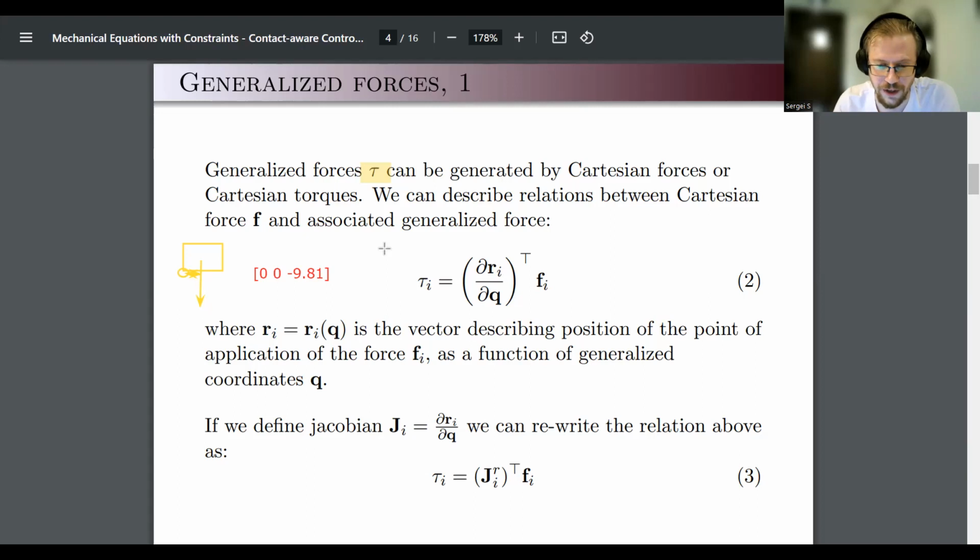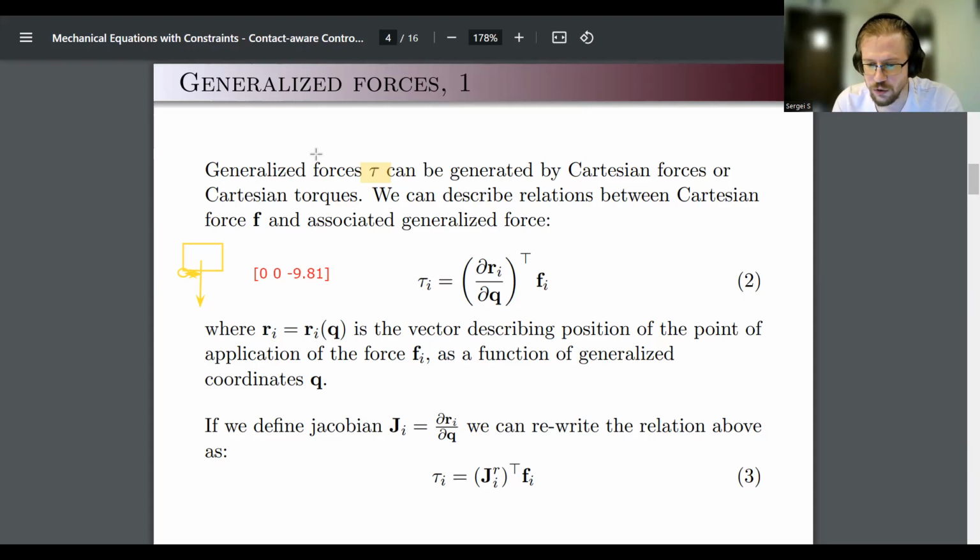So the torque would also have 3 components. Let's say if the hinge is 1 meter away, then the torque would be, give me a second so I won't lie to you, it would be, let's say, 0, 9.81, 0, something like this, right? So my idea is to say that torques also exist in 3-dimensional space, and they're also 3-dimensional vectors. That's also why I call them Cartesian torques.